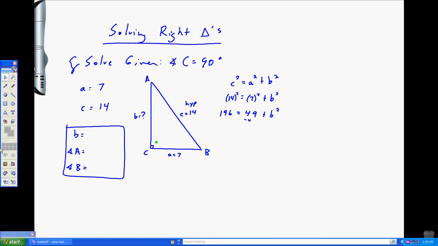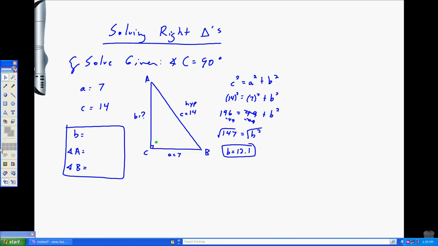Yes, we all know to subtract the 49 over. That'll cancel. 196 subtract 49 is 147 equals B squared. Okay, so square root of 147 should be 12.1. So B equals 12.1. 1 decimal's lots.